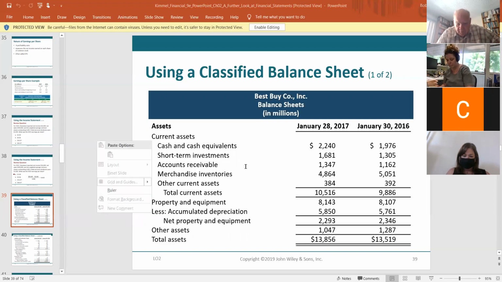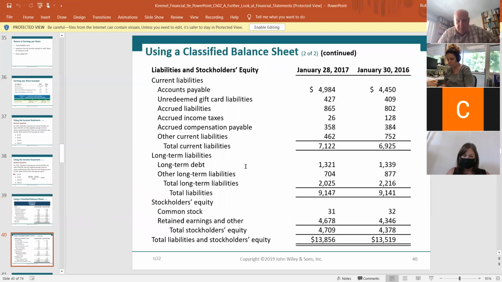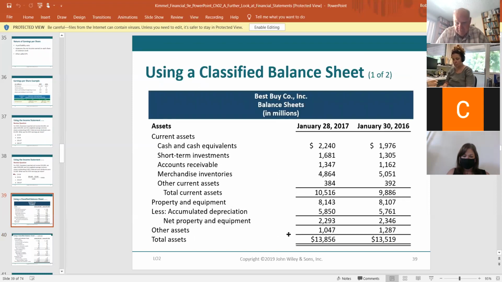And there's the other side of the balance sheet. So let's just see if it balances. I see 13,586 liabilities and equity. That better be true here for assets. 13,519. Oh, come on now.